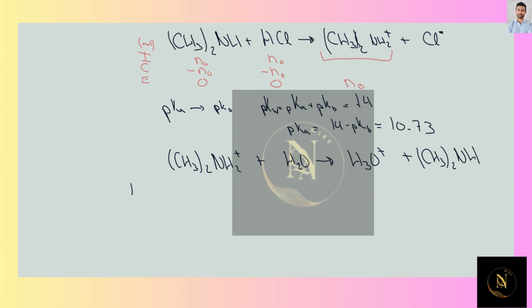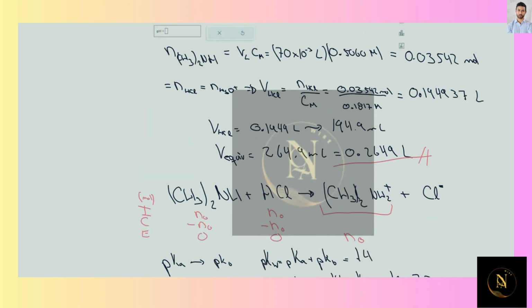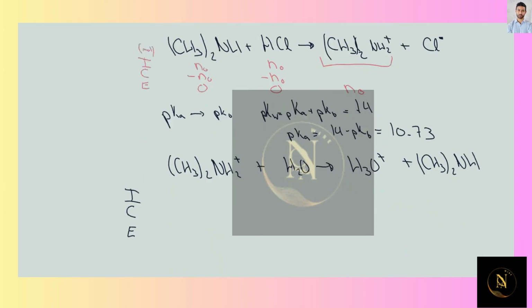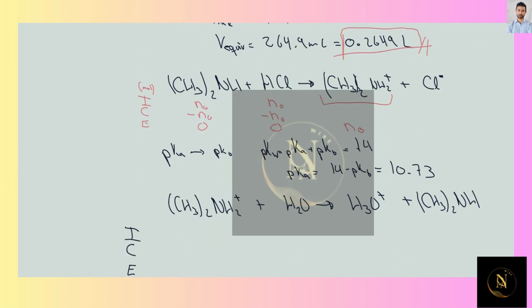In this case, we can calculate the initial concentration using the initial amount of mole and the total volume. So my initial concentration, I'm going to label it as C0, would be equal to the amount of mole divided by 0.2649 liters.